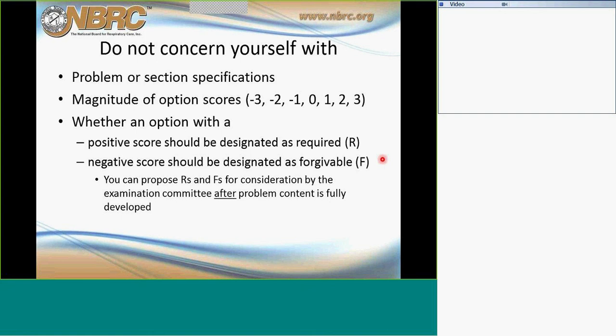In our next bullet point, we see the range of scores that any given option can be given. They go from -3, which would be associated with probably a fatal or near fatal sort of decision, a really bad choice, all the way up to +3, which would be a life-saving choice.